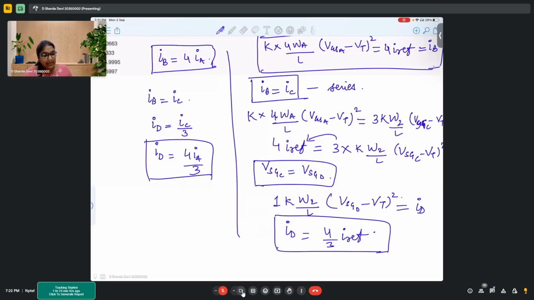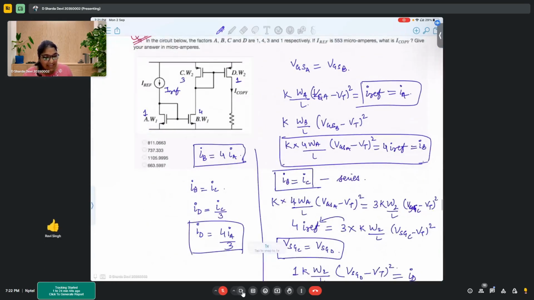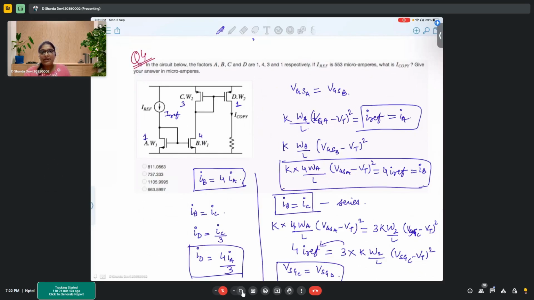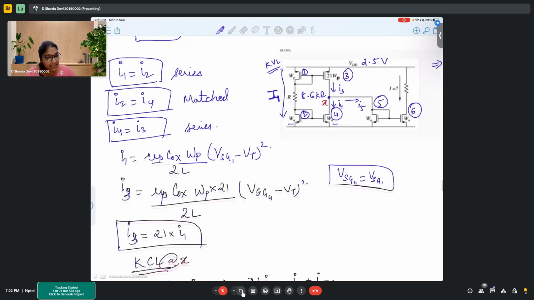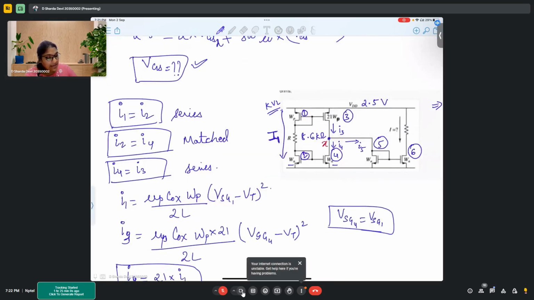Yes. So in this problem, it's very easy to handle this kind of mirror and current multiplier problems. Simply you have to keep in mind the factors. So earlier here we used KCL, because this particular current was going into the drain of another transistor. But if this branch had connected to the gate of another transistor, we need not use KCL because we know that gate current is zero.